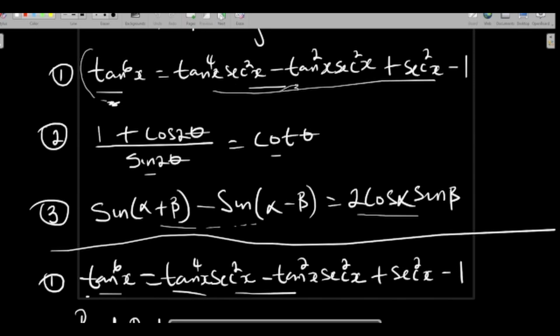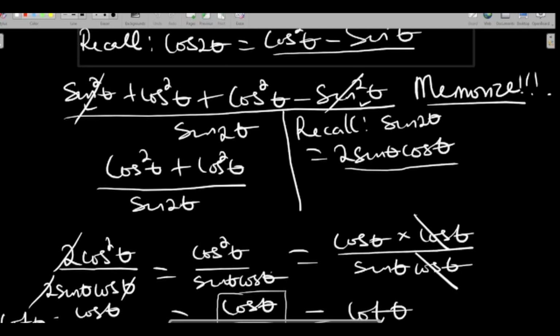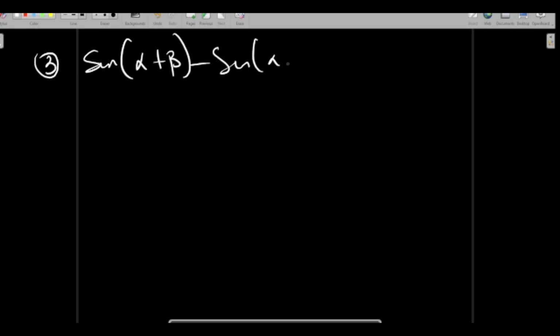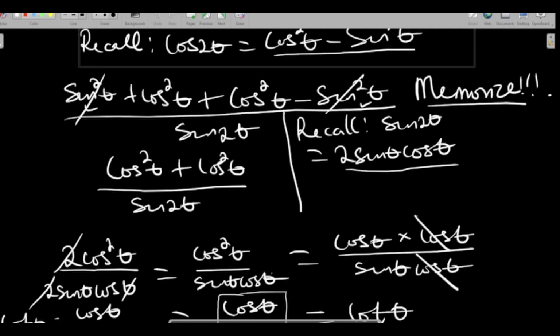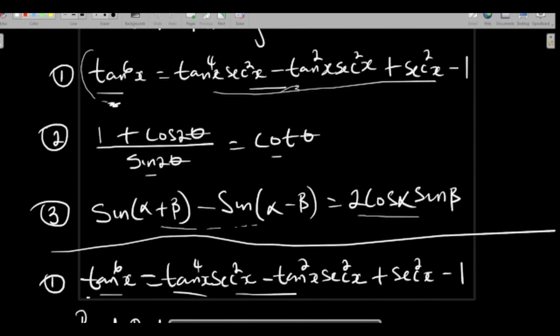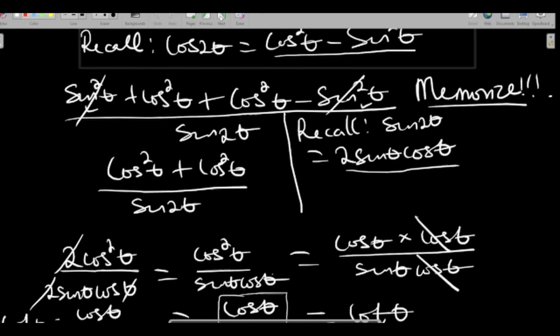I'm going to copy this in the next page. Here we have the third one to be sine alpha plus beta minus sine alpha minus beta is equal to 2 cos alpha sine beta.